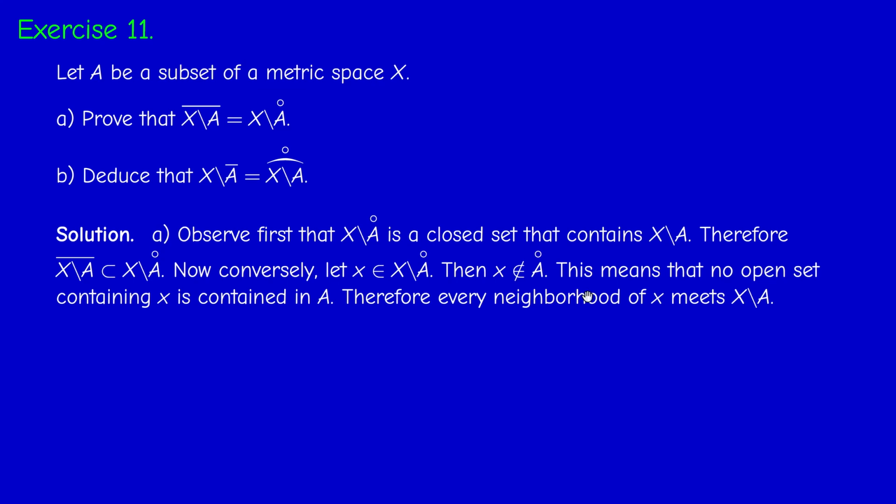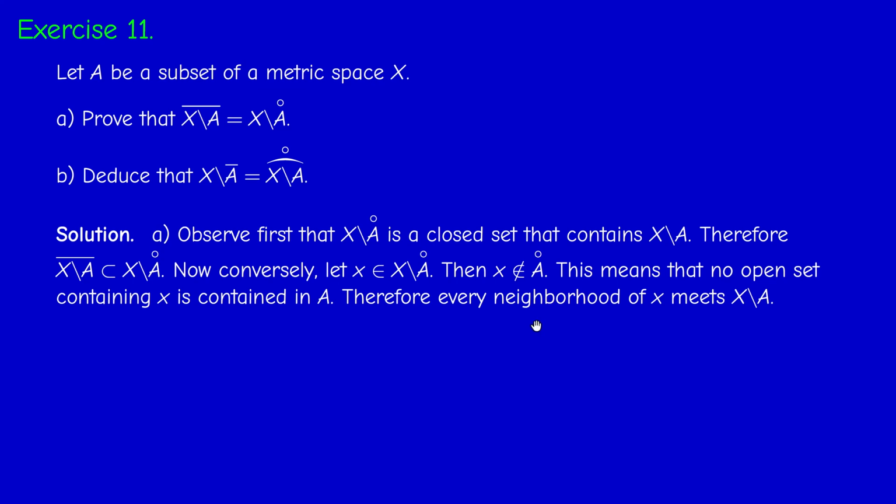So any neighborhood, you can take an open neighborhood, doesn't matter. If you take a neighborhood of X, it cannot be contained totally in A, because otherwise we would have X in A°. Just reason by contradiction, if you like.